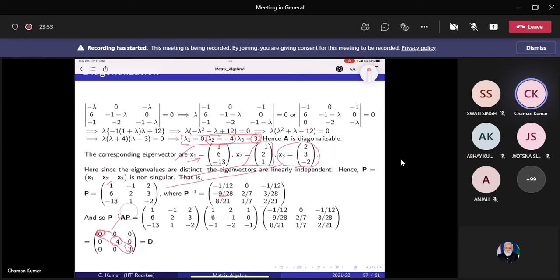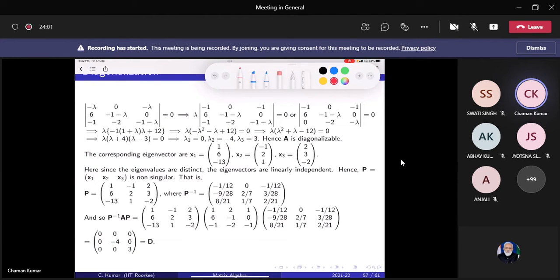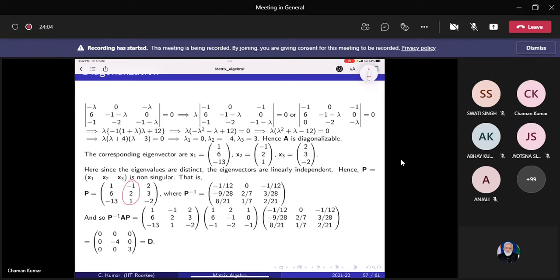In whichever order you write x1, x2, x3 to form the matrix P, the diagonal elements will be in the same order. Suppose instead you define P with columns minus 1, 2, 1, then 2, 3, minus 2, then 1, 6, minus 13. The first column corresponds to which eigenvalue? Minus 4. The second column corresponds to which eigenvalue? 3.